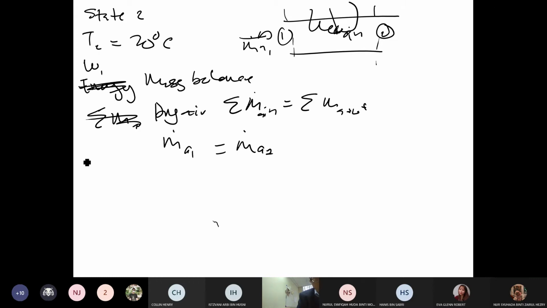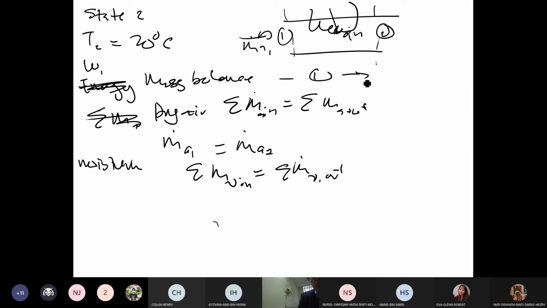And then for the moisture, summation of mass for the moisture in equal to summation of mass moisture out. So antara 1 and 2, m dot V1 equal to m dot V2.